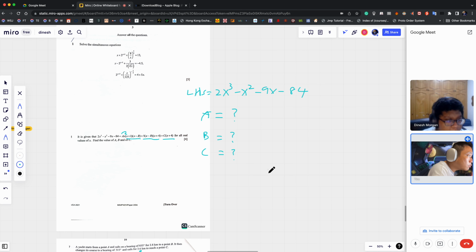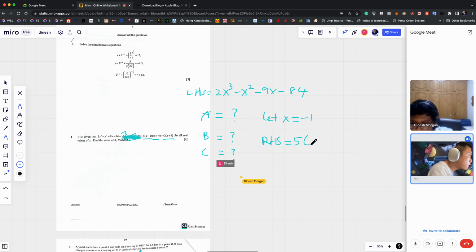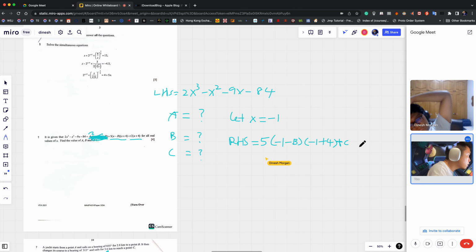So now let x be negative 1. Then on your right hand side, this one is gone, so it's 0. You are only left with 5 minus 1 minus b, then minus 1 plus 4, then plus c, then minus 1 plus 4.